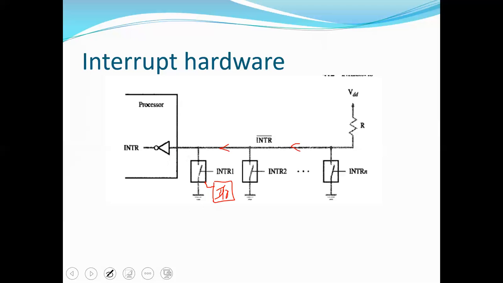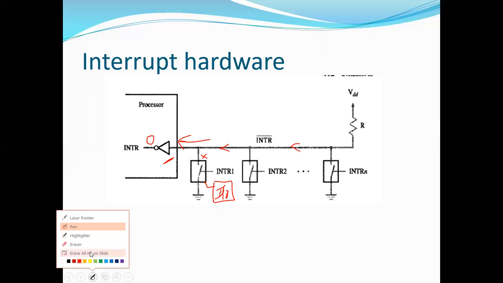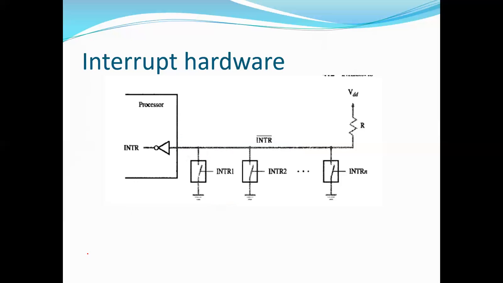So when there is no interrupt, the switch is open, current does not flow here. The whole voltage moves to the processor. There is a NOT gate at the processor, so the value returned to the processor is 0. There is no interrupt.